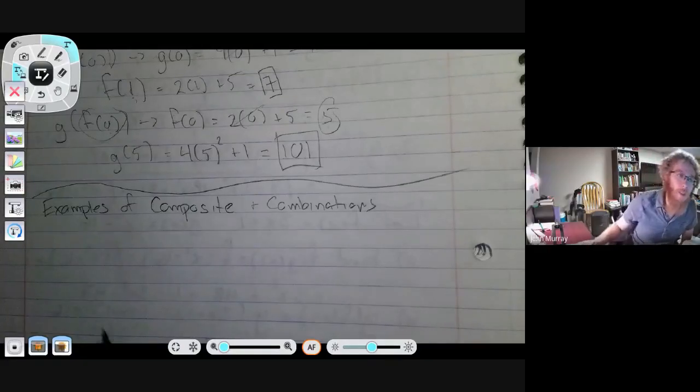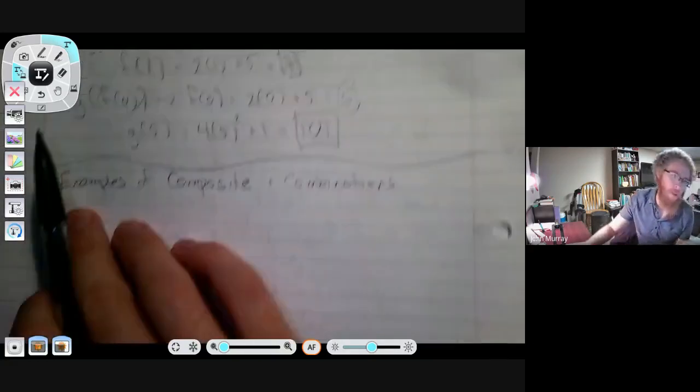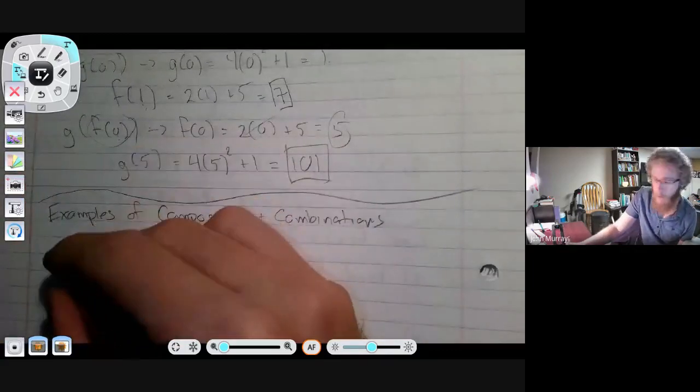Okay, today we're going to take a look at some examples of composite and combinations. All right, so let's do this. Let's say we have three functions.